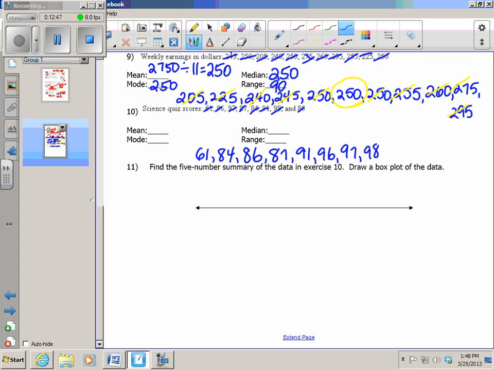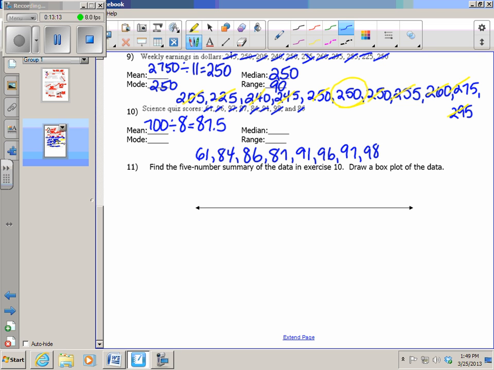So the mean, if I add all of these up, I get a total of 700. And if I divide by 8, I get 87.5 for an average on the quiz score.